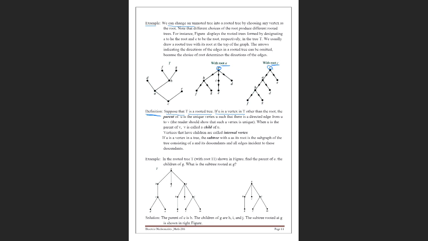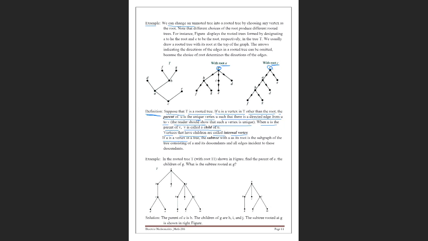If U is a vertex in T other than the root, the parent of U is the unique vertex V such that there is a directed edge from V to U. The reader should show that such a vertex is unique. When U is the parent of V, V is called the child of U. And vertices that have children are called internal vertices.